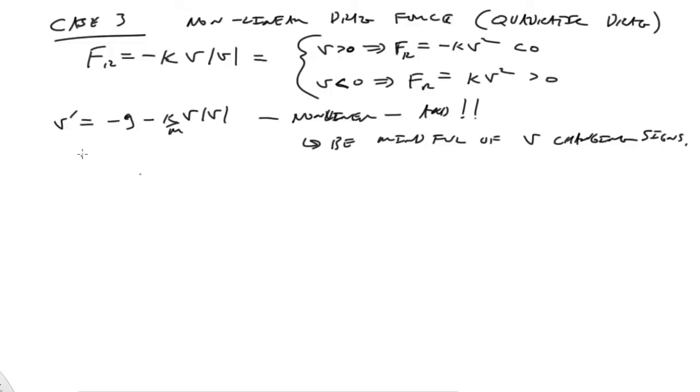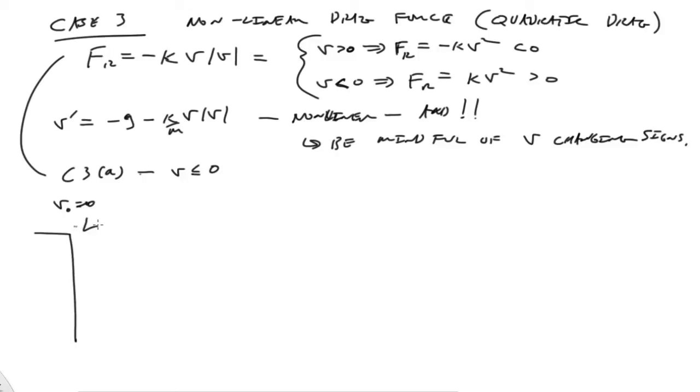So we're going to call it case 3, subcase A, which is v is less than or equal to 0. And this is the case where we have maybe v naught is equal to 0. We're dropping something off a building, say. We're taking this mass, and we're just dropping it, and it's going downward.